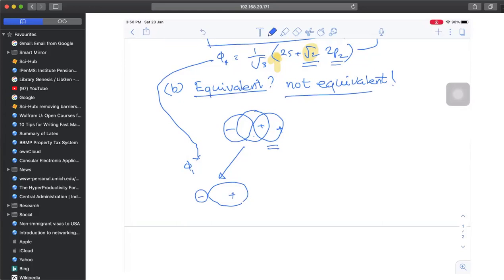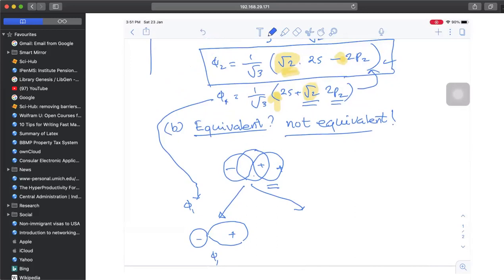Or even this negative lobe may be very small actually. Oh no, it will be fairly large because 2pz has a larger contribution. Okay, then this is phi 1.